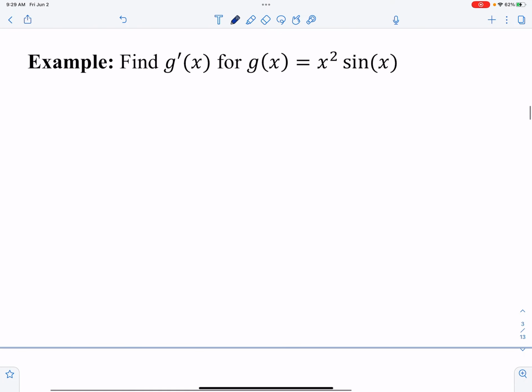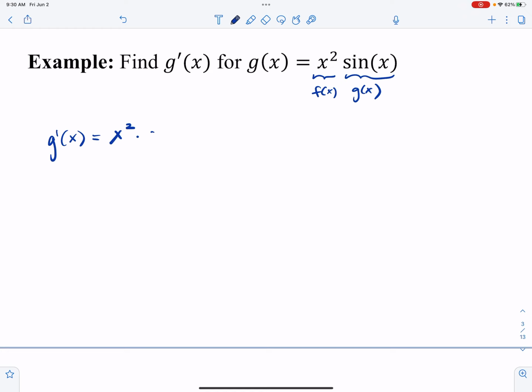Okay, let's do another one. So g prime, in this case, I'm going to think of x squared as being f of x and sine of x as being g of x. So g prime will be first factor times the derivative of the second.